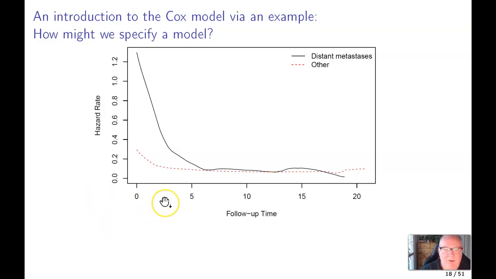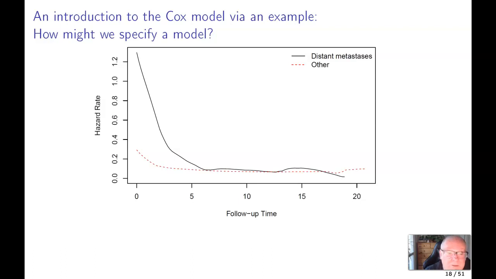What we can see is the hazard here, which is the cancer-specific mortality rate for those who did not have distant metastases at diagnosis, and the hazard for those who did have distant metastases. I've shown the graph for the entire 20 years of follow-up, but we're only going to model the first 10 years.